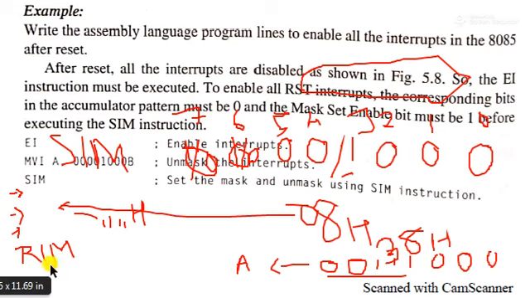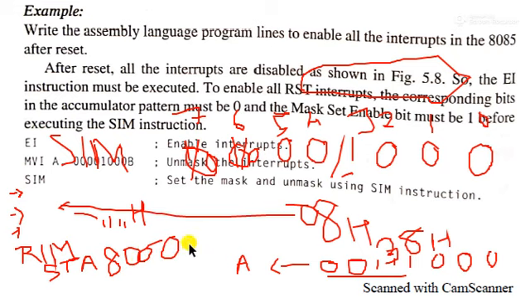So you use STA 8060H. STA 8060H means the accumulator content, that is 38H, is loaded at 8060H after the instruction. Then we can go to the 8060H location and check the value, that is 38H.